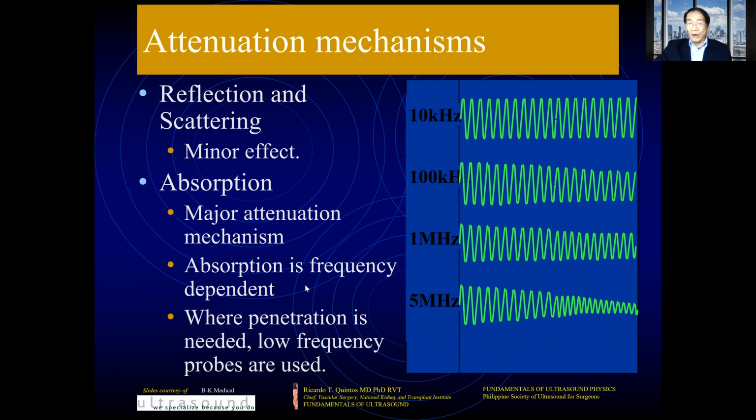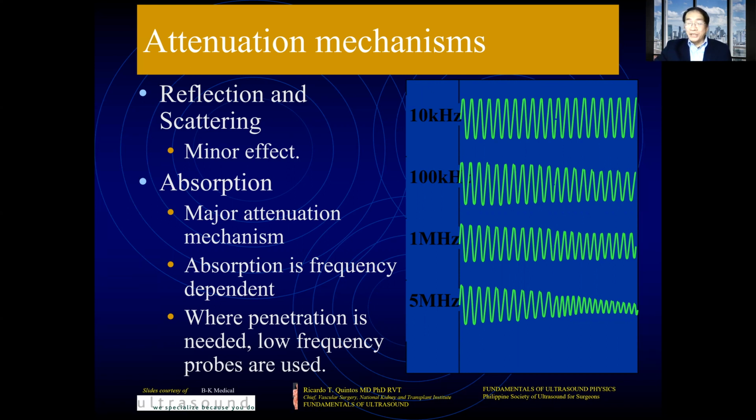Higher frequency sound will tend to be absorbed quicker than lower frequency sound. That means lower frequency sound can travel much further than higher frequency sound because the attenuation is much lower with lower frequencies than with higher frequencies.